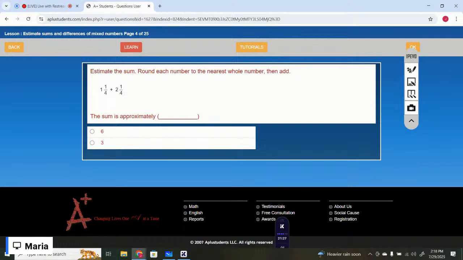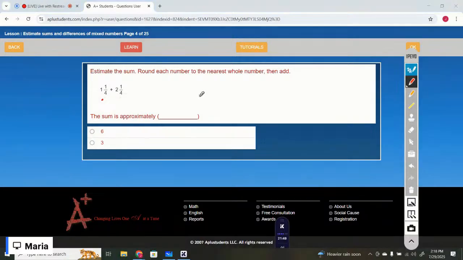1 whole 1 by 4 plus 2 whole 1 by 4. 1 whole 1 by 4. 1 by 4 is less than half, round on the same whole number. Same way for the second one. So that is 1 plus 2 equals 3.